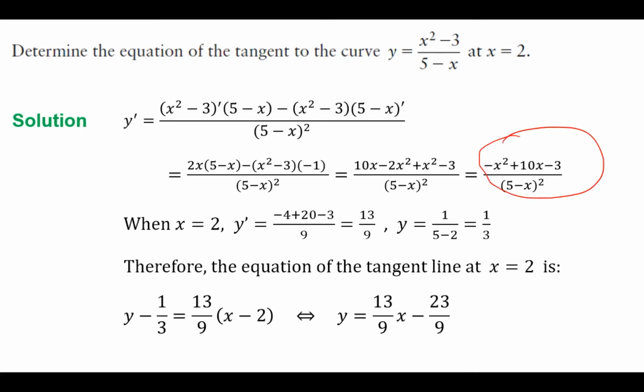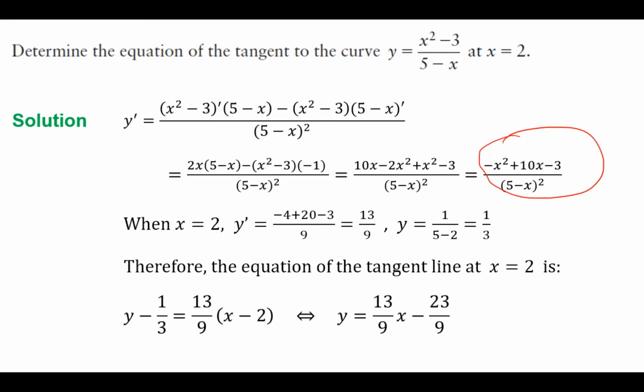Then at x equals 2, we can plug x equals 2 into the derivative function and into the rational function respectively. The derivative of this function at x equals 2 is y prime, which is 13 over 9. That means the slope of the tangent line at this point is 13 over 9.